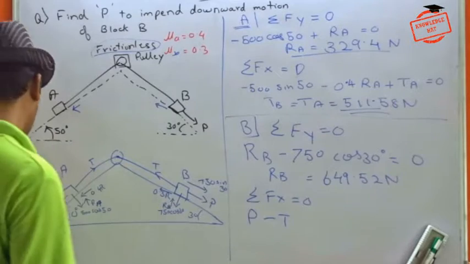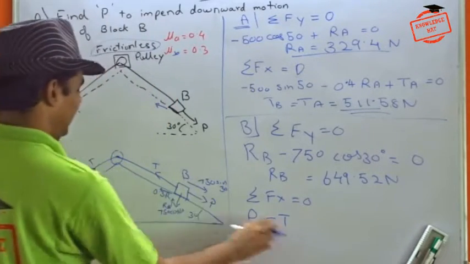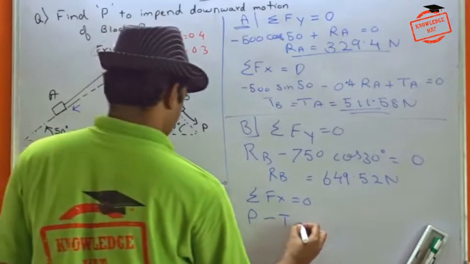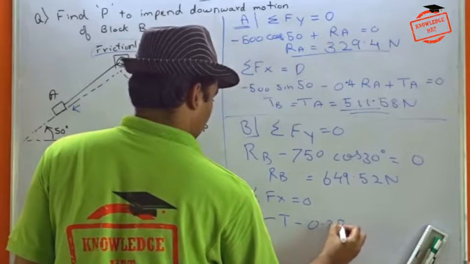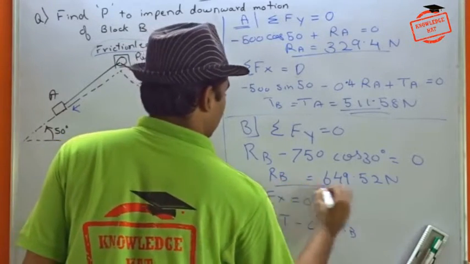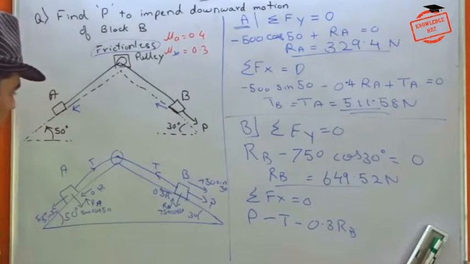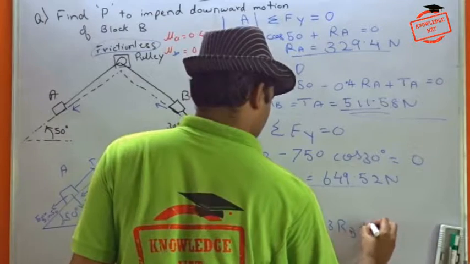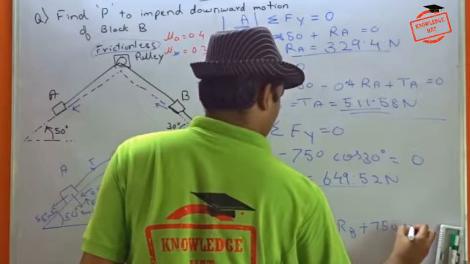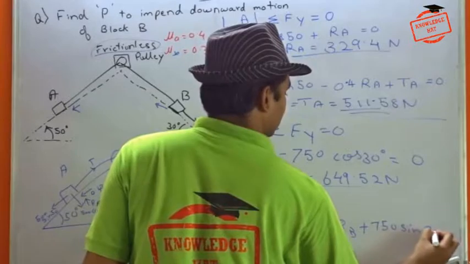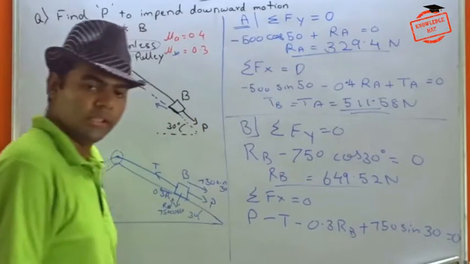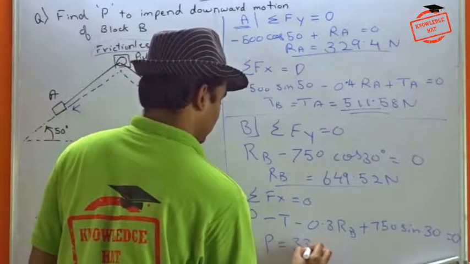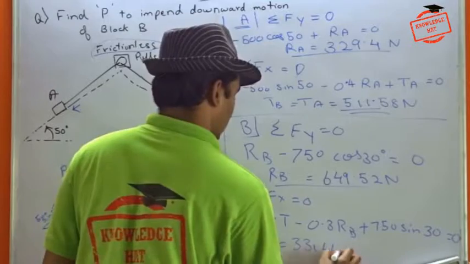Then 0.3 RB, the frictional force, will act in negative direction, so this is minus 0.3 RB, and RB is also calculated. And plus the horizontal component of weight, which is plus 750 sine of 30 degrees, and we equate this to 0. So this will help us to find the force P, which is 331.44.